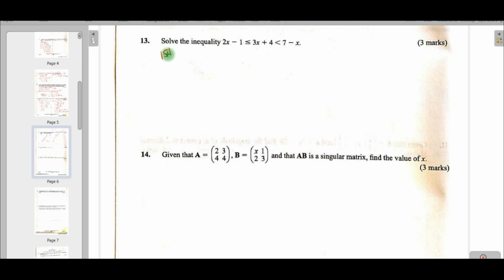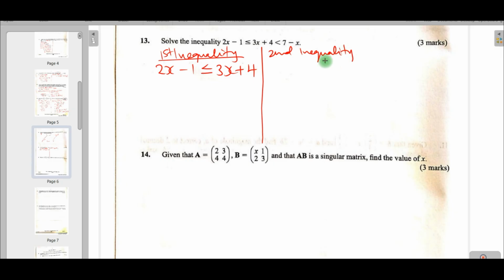So the first inequality we shall take is 2x minus 1 is less or equal to 3x plus 4. Then the second inequality is 3x plus 4 is less than 7 minus x.